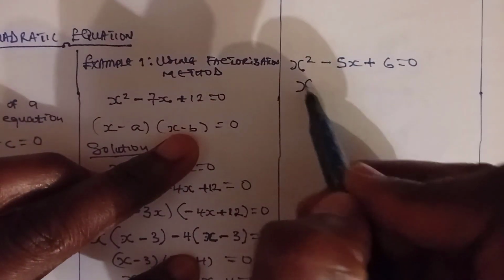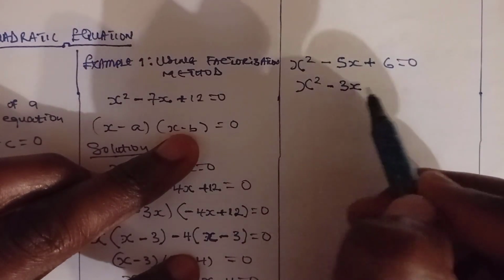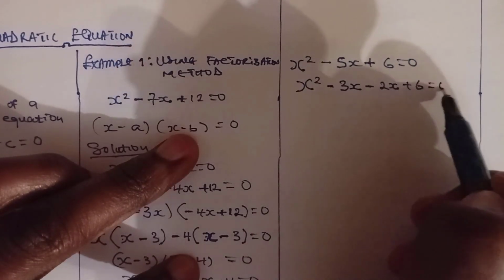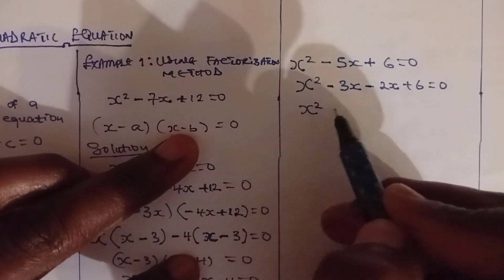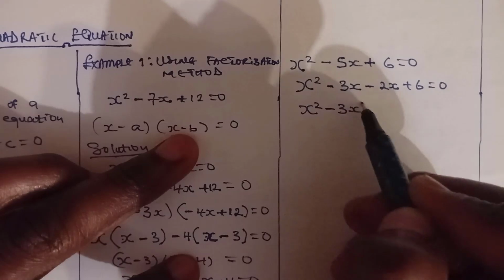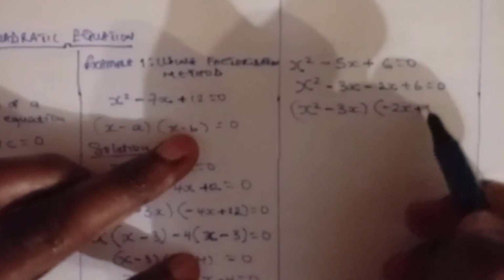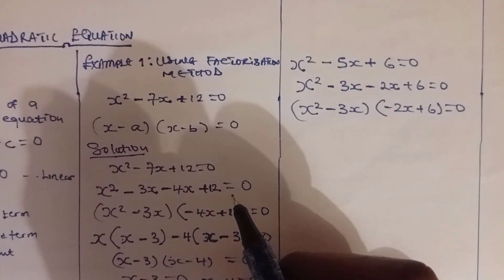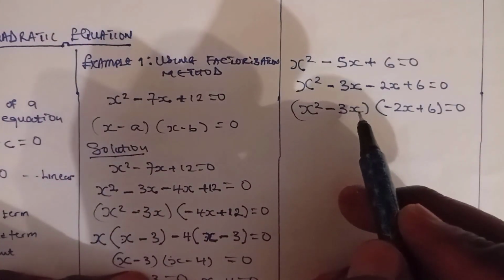So we have that x squared minus 3x minus 2x plus 6 equals 0. And then we can put them in brackets like we did in the first video: x squared minus 3x, minus 2x plus 6 equals 0. So we continue, then we can now factor out the common terms in the bracket.